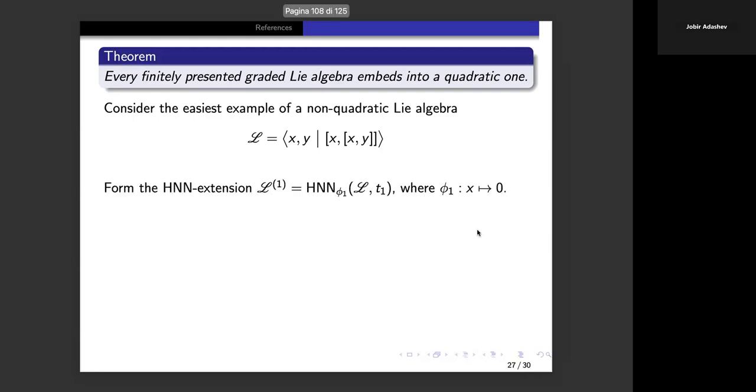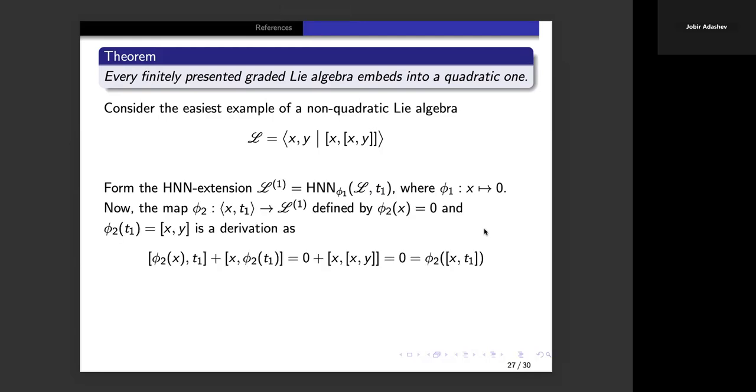And how to do it? First, we form an HNN extension, L1, by setting the additional generator T1 to act on the element X as the zero map. So T1 commutes with X, and we get a Lie algebra, L1.